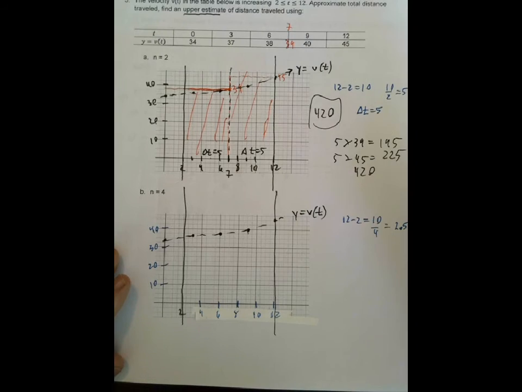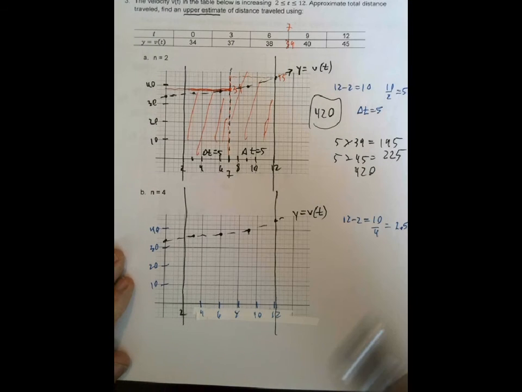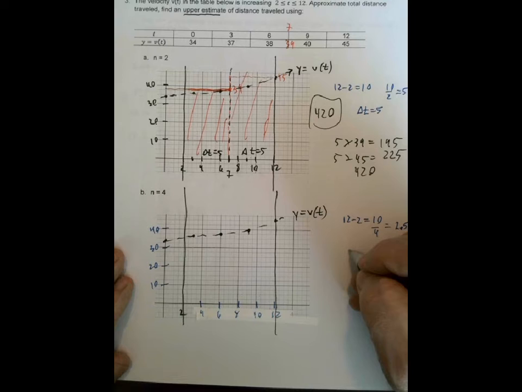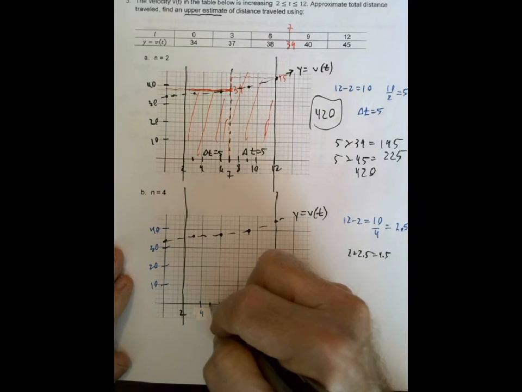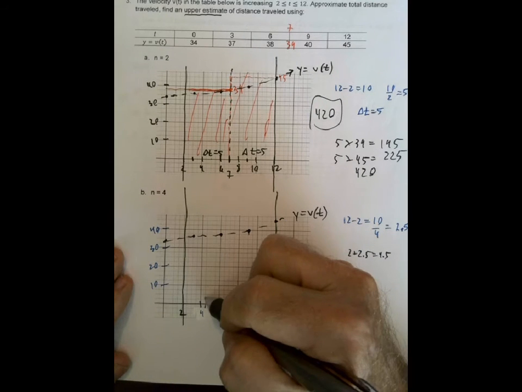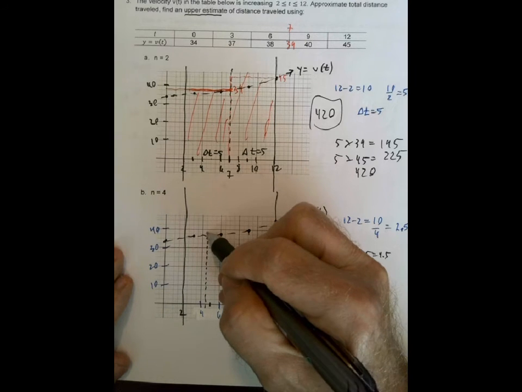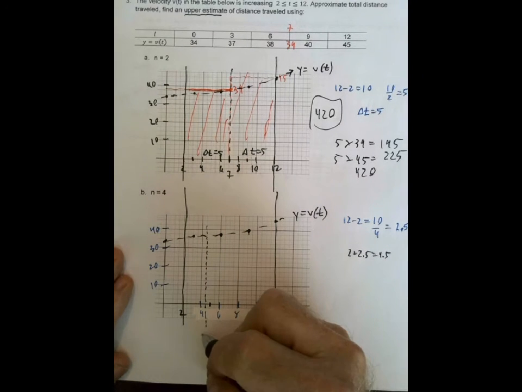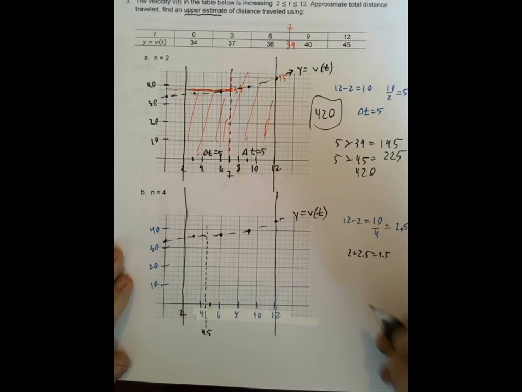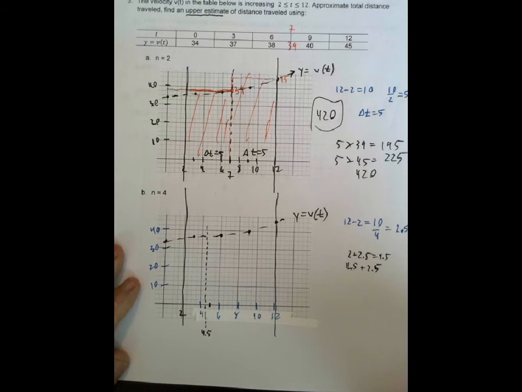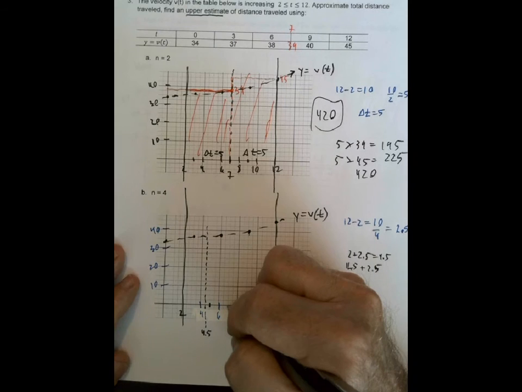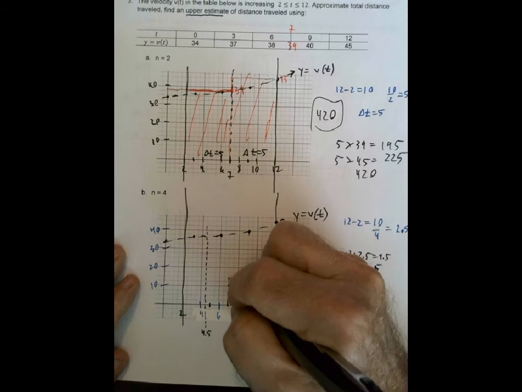So if we start at 2 and add 2.5 to that, that's 4.5. So the next subinterval, here's 5, here is 4.5. Now we add 2.5 on the 4.5, and that's 7. So maybe you can see an effect.